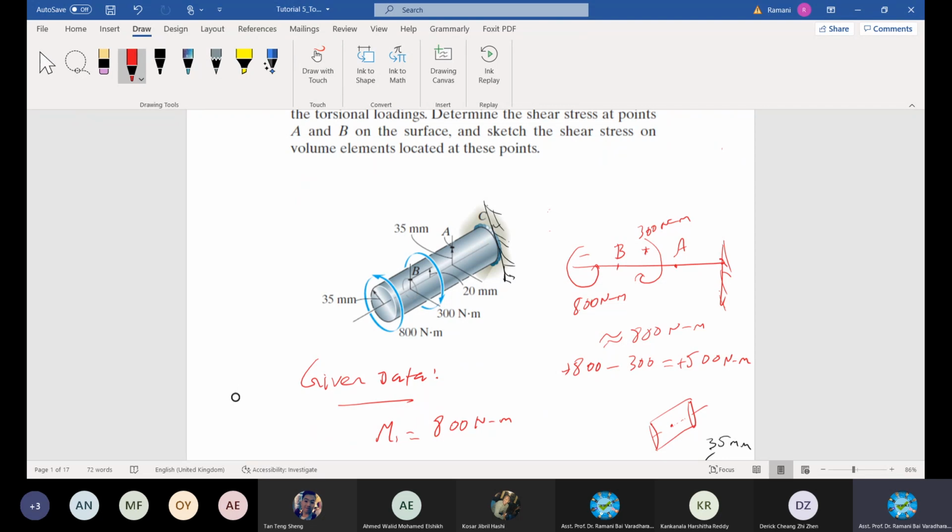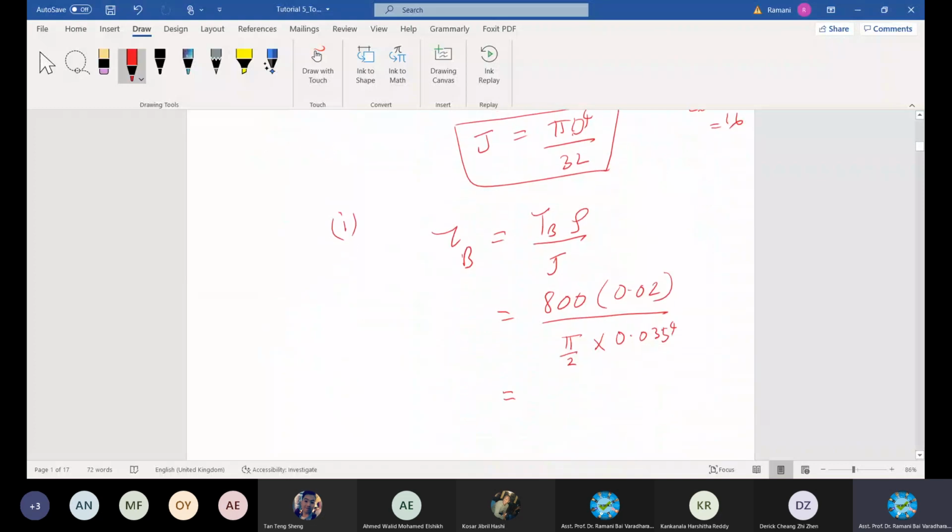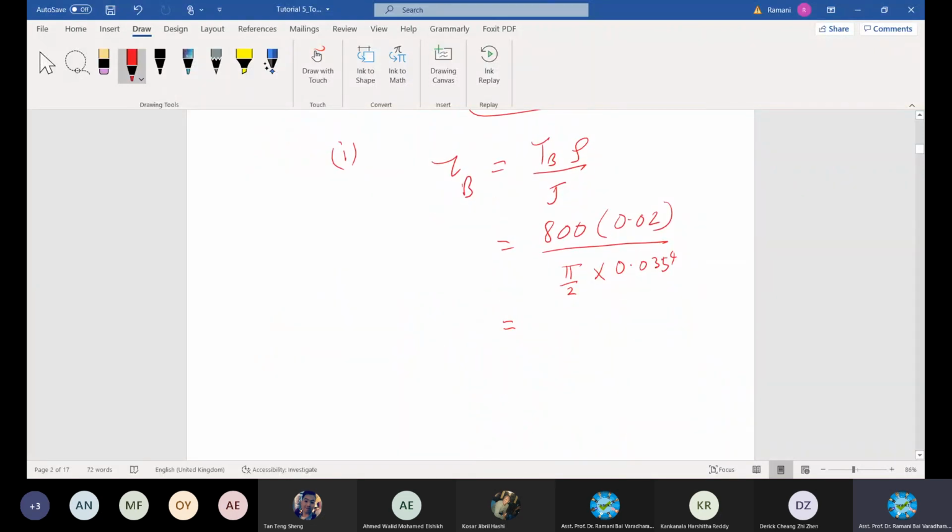It is the polar moment of inertia of the material. So you need to follow the diameter of the whole shaft. 35 only. The whole member is responding to this loading.